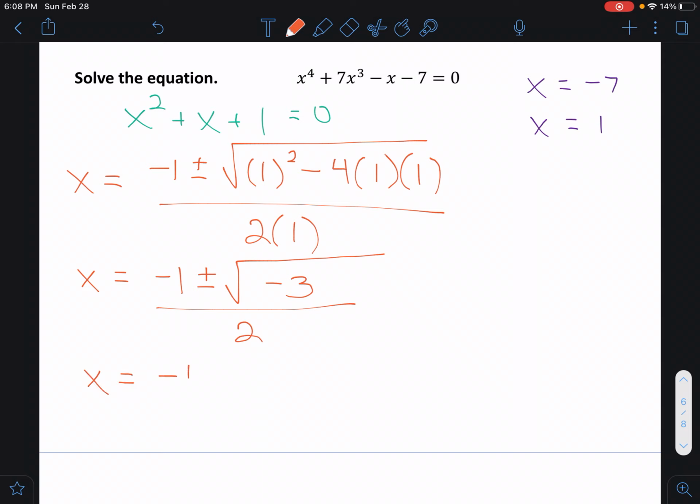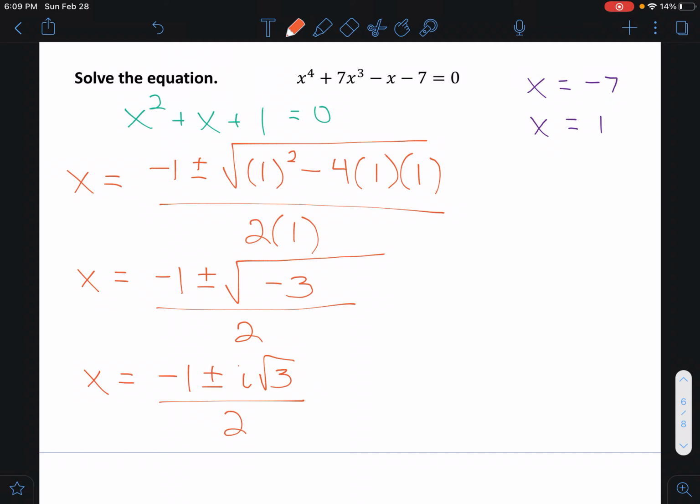I get -1 plus or minus i root 3 over 2. Now remember, I want to look at this coefficient and this coefficient and see if I can reduce if they have anything in common. They don't.